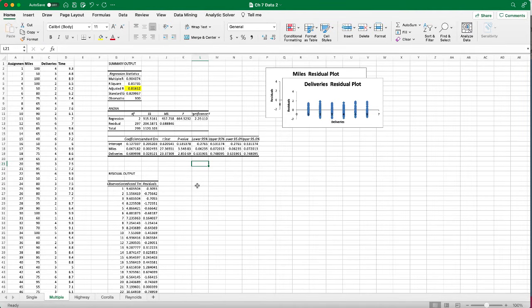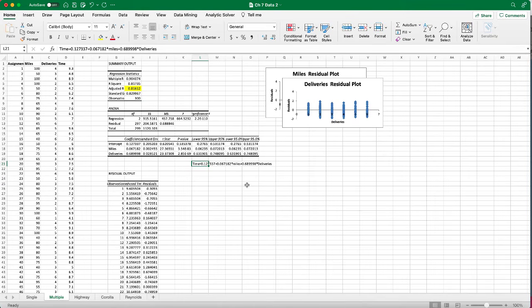So then we can write the equation: y equals the intercept 0.127337 plus the coefficient for miles, 0.067182, multiplied by miles, plus 0.689998 multiplied by deliveries, and the y would be the driving time. So that's our equation for the multiple linear regression model.